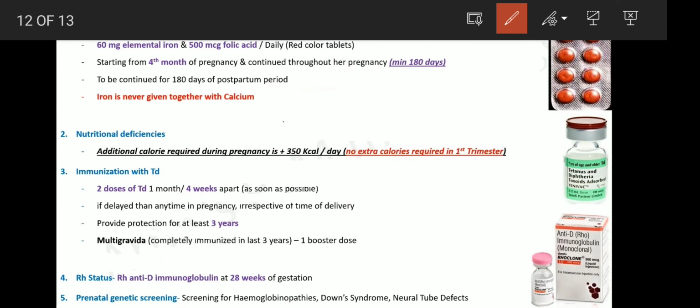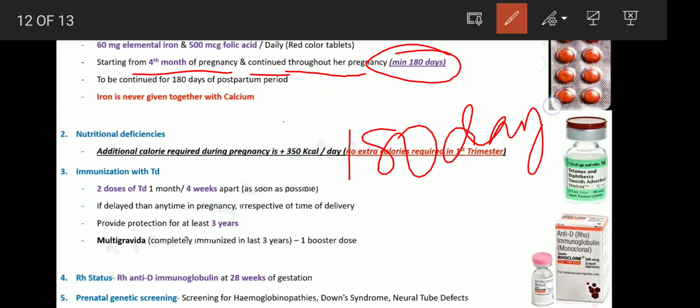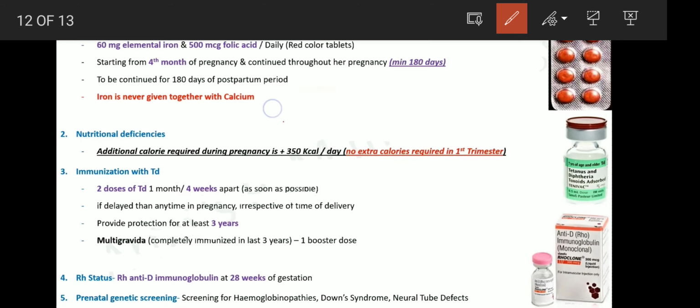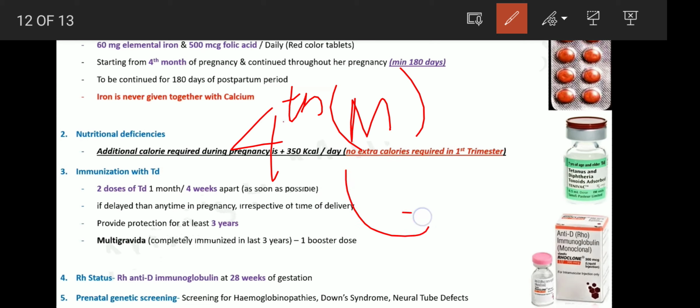We continue the supplementation throughout her pregnancy, a minimum of 180 days. Along with these 180 days, it has to be continued for another 180 days of the postpartum period. So we begin from the 4th month and continue completely throughout her pregnancy.